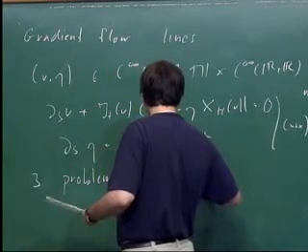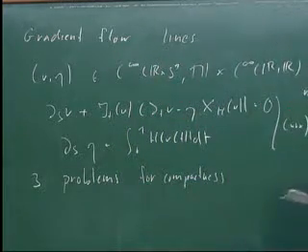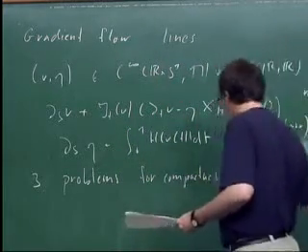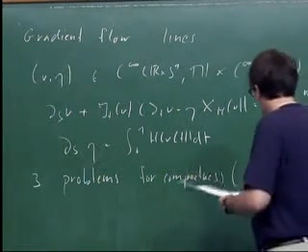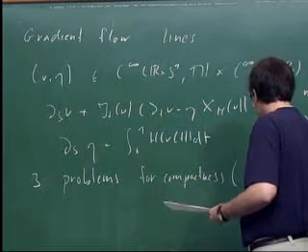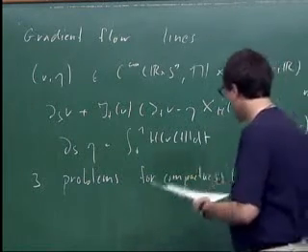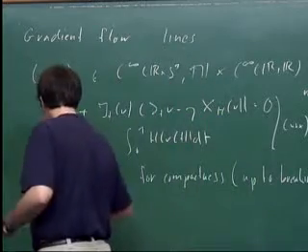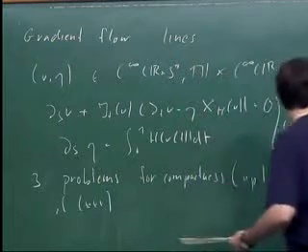Of course, gradient flow lines can always break, but that's okay. They do so also in finite dimensions, and this actually gives us d squared equals 0. But to get compactness up to breaking of this equation, star, star, star, what we need is the following.